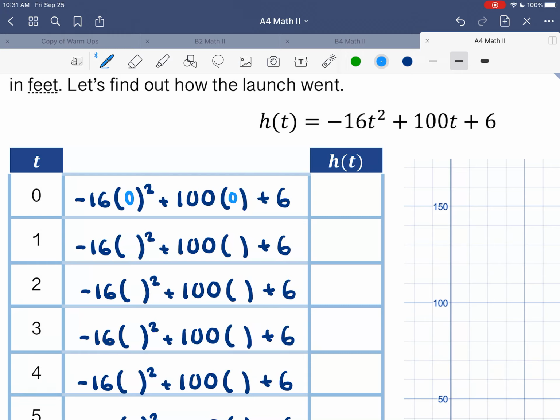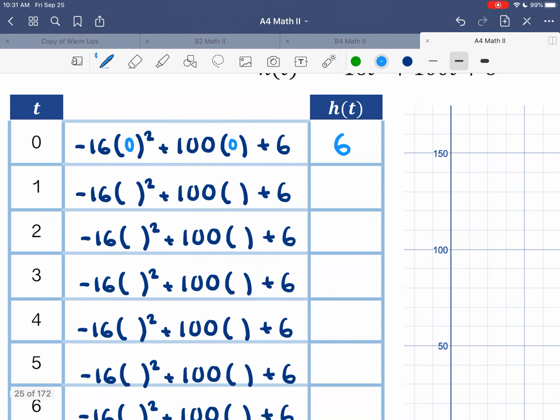But this first one is pretty self-explanatory because we're multiplying by 0 on these first two pieces of the equation, which makes them just disappear. So all that we're left with is the 6 at the end, which ends up being our height at 0 seconds. So input, output here.